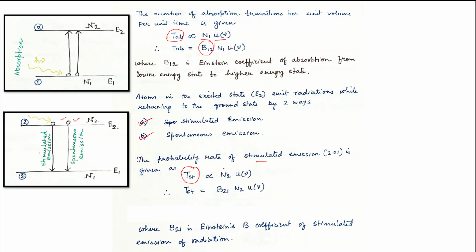It is dependent on N2, that's the population of level E2, and the energy density. Why energy density? Because the emission is occurring under the influence of the incident photon. So this is stimulated. So it is N2 into U nu. So this is equal to B21 N2 into U nu. What is B21? B21 is the Einstein B coefficient of stimulated emission of radiation.